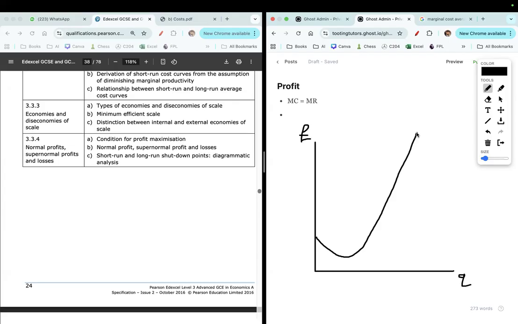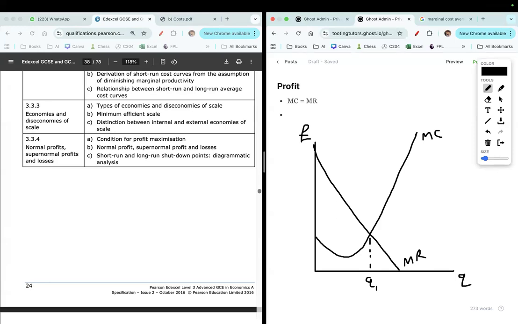So that's why it increases the more you try to produce. And then marginal revenue is twice as steep as your average revenue, so it's downward sloping like this. Okay. So where the two are equal is going to be here, that's your profit maximizing quantity.